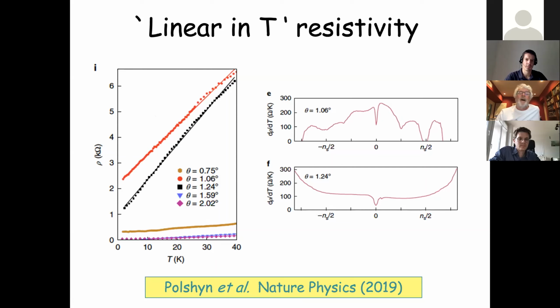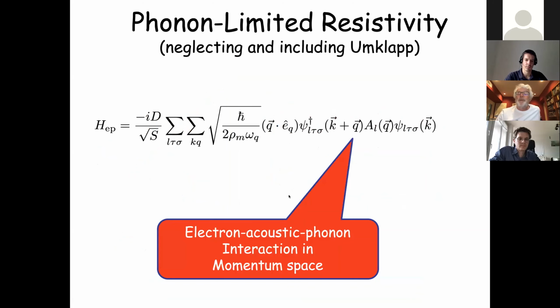And one of the ideas is that this could be due to phonons if you have small Fermi surfaces, because only phonons with small wave vector could scatter you between electronic states on the same Fermi surface.